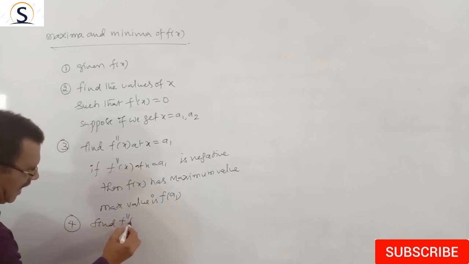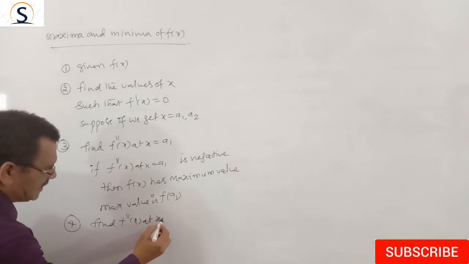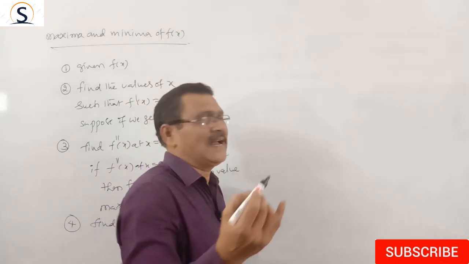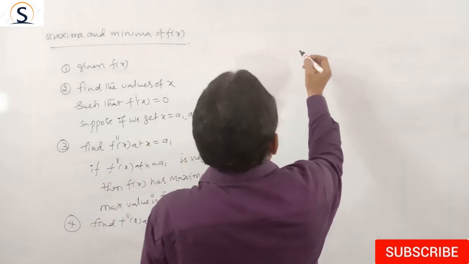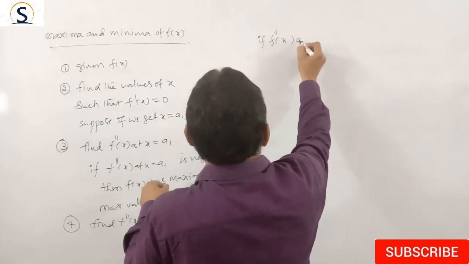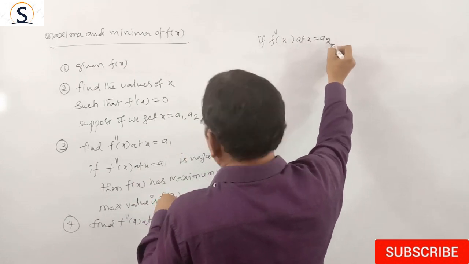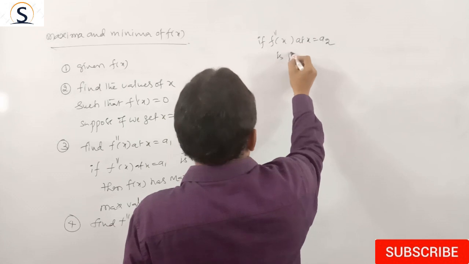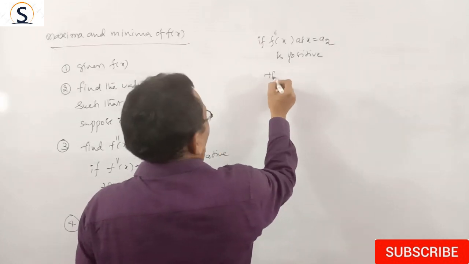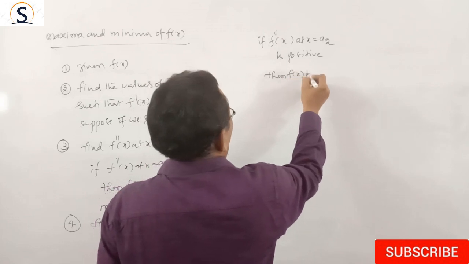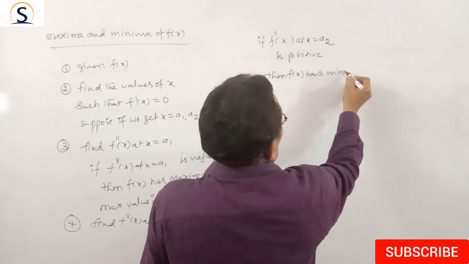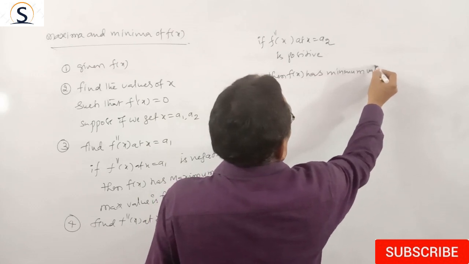Next, the fourth step is to find f double dash of x at x is equal to a2, the second point. If f double dash of x at x is equal to a2 is positive, then f of x has a minimum value.